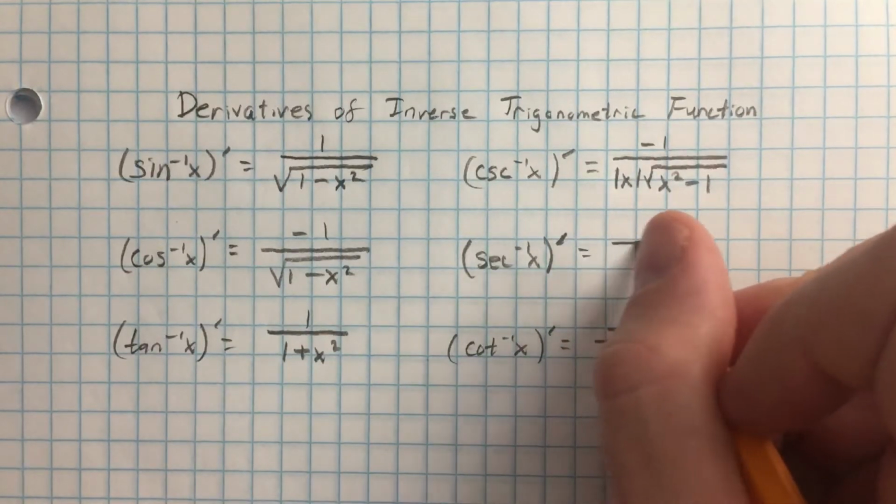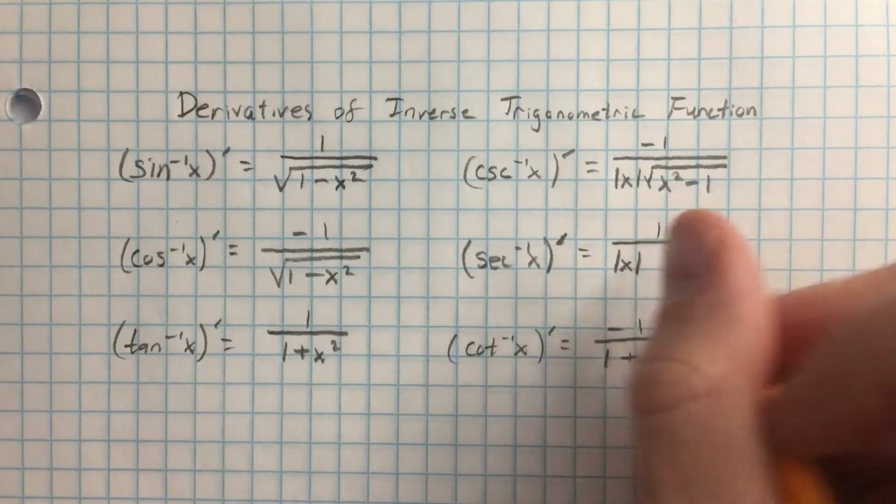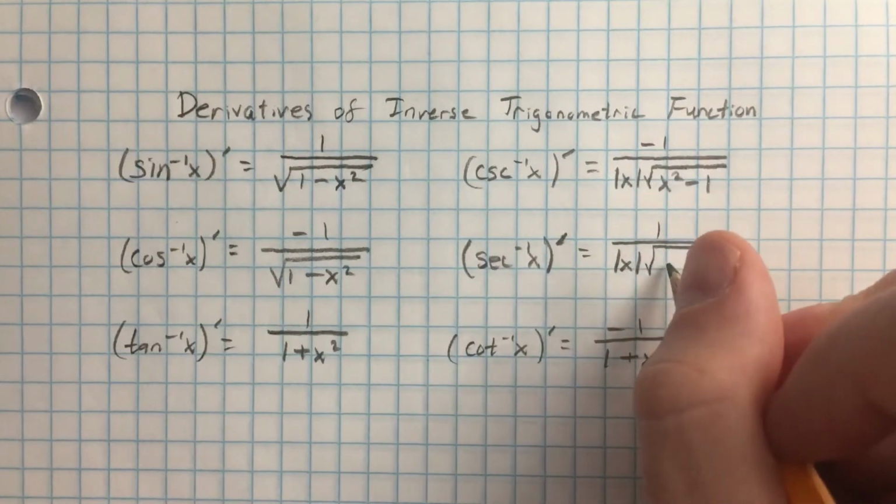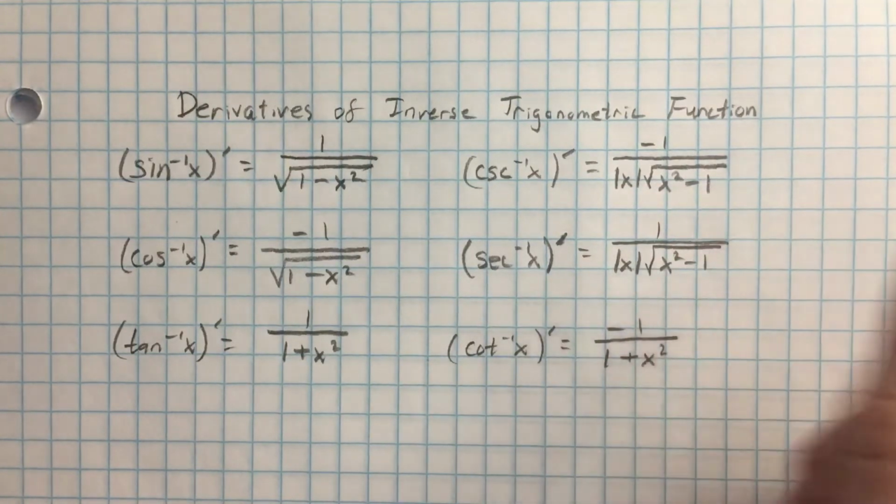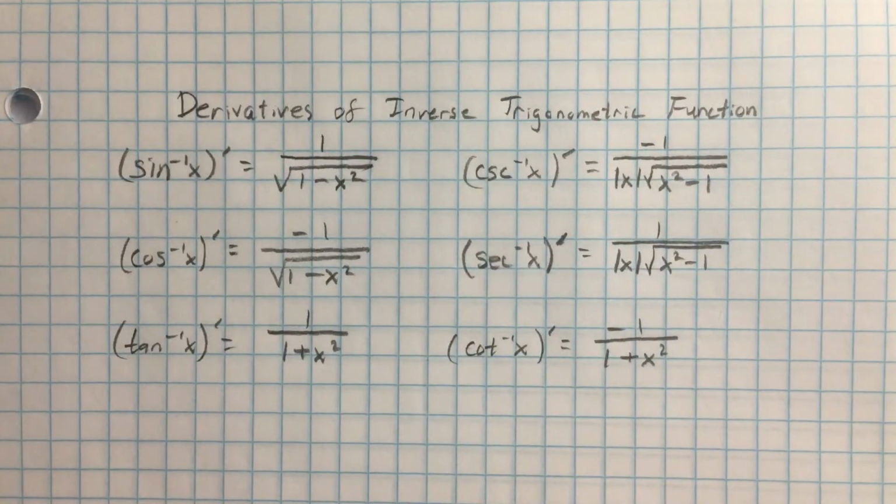So 1 over magnitude x root of x squared minus 1. So 6 new rules to be employed in tandem with everything else we've discussed so far.